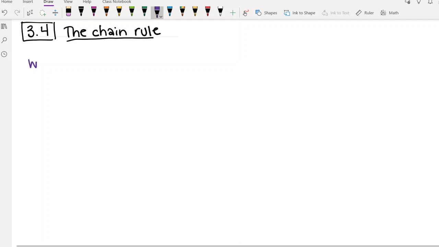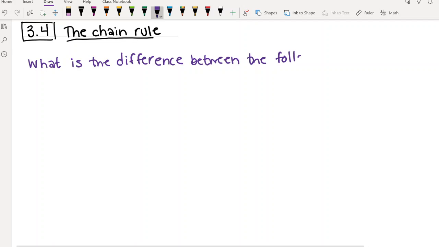So my question is, what is the difference between, I'm going to give you two different functions. And then I'm also going to ask you, which of those two functions do we know how to take the derivative of?